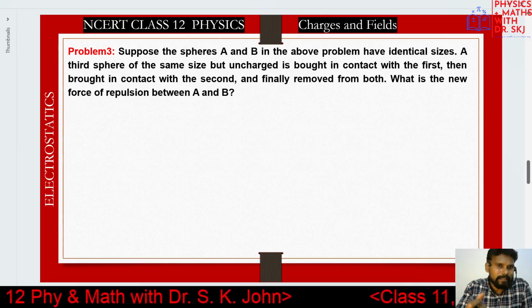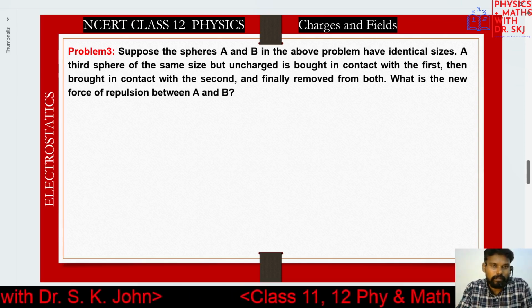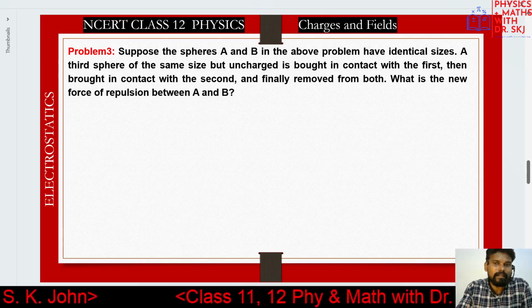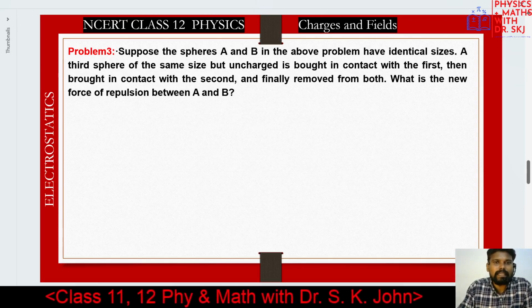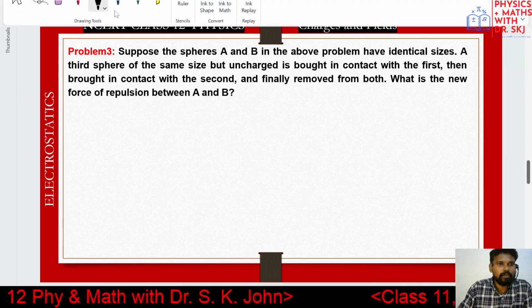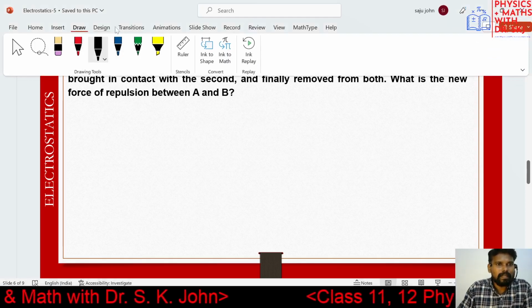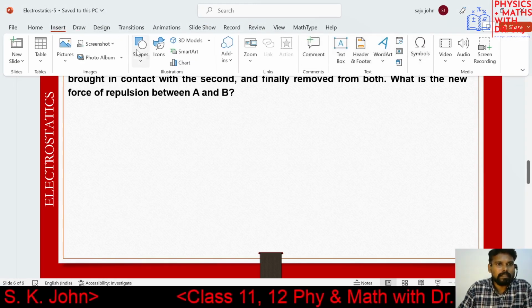This question also is an NCERT exercise question. It is very related to the previous question, like a C part of the question. Suppose the spheres A and B in the above problem have identical sizes. So we are considering the same spheres as in the previous problem.